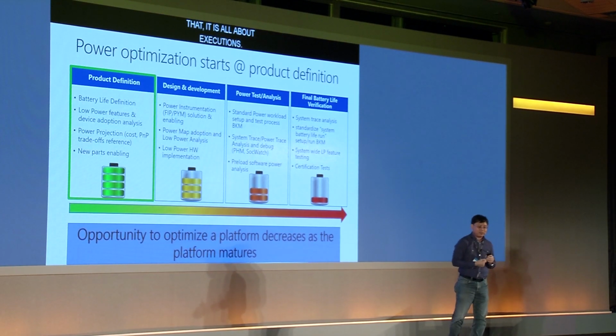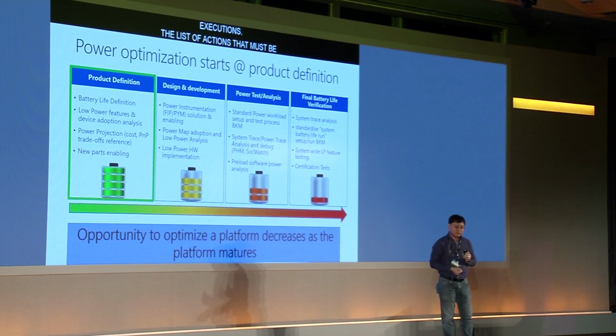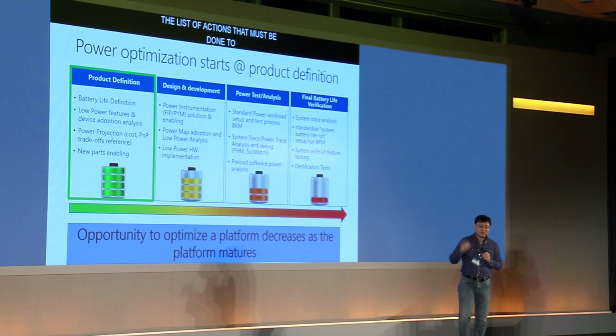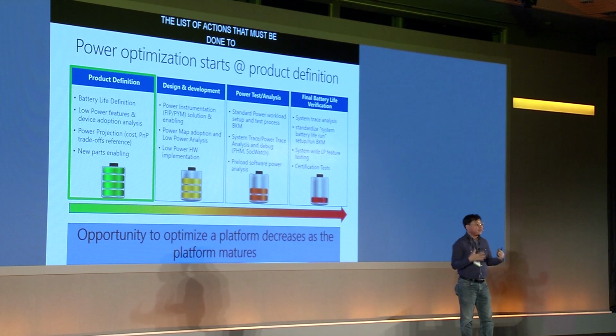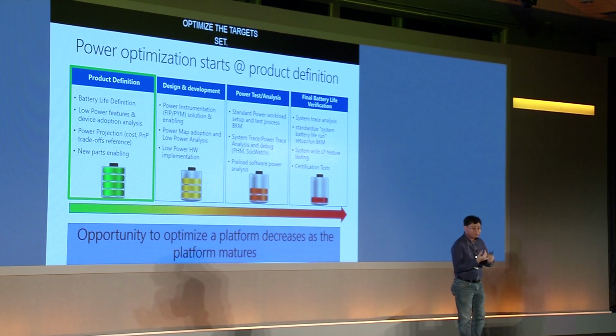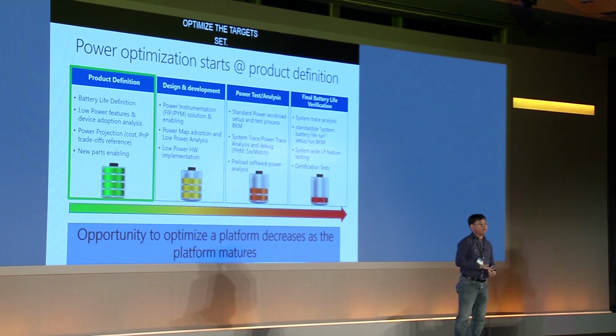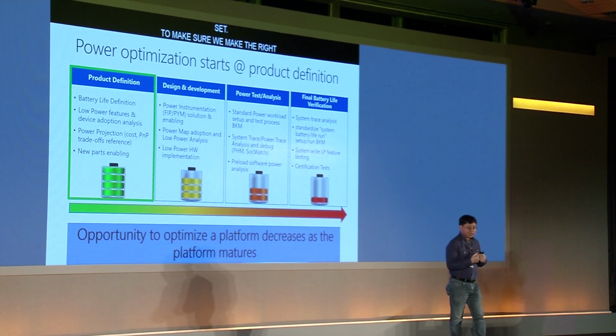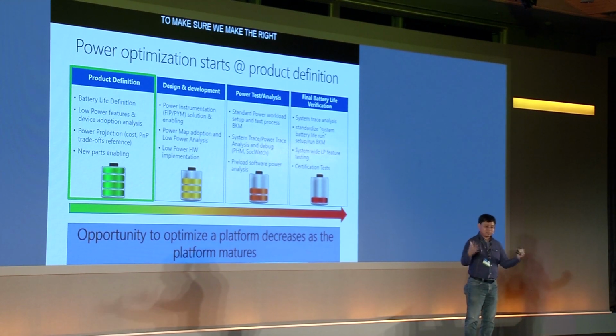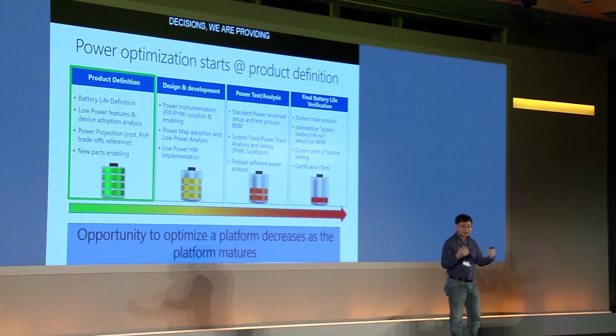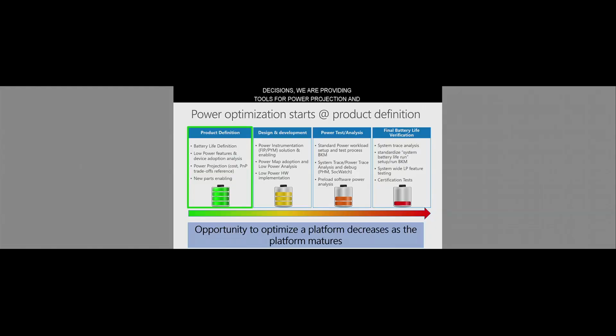To ensure that we make the right decision at the product definition stage, we are providing tools for power optimization, for power projection, and also a BOM selection checklist. So please utilize these tools that we provided and work with us closely.